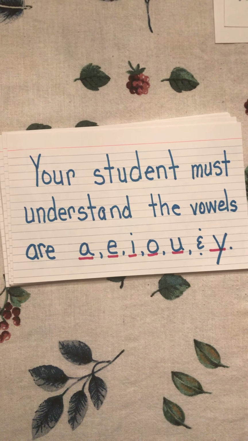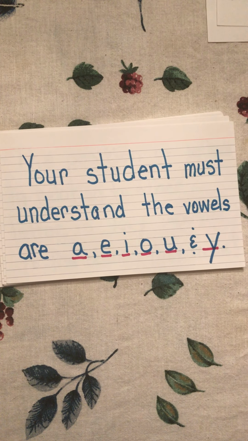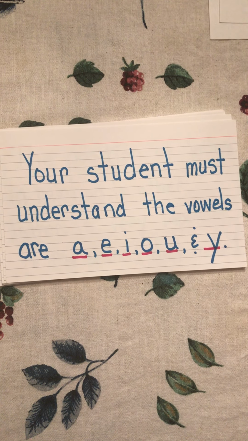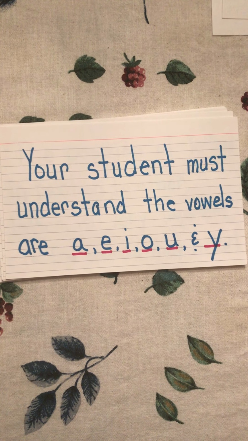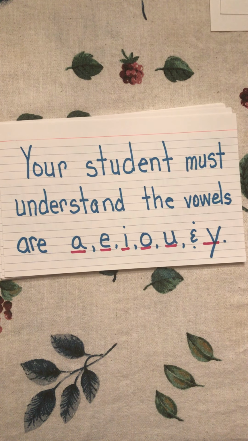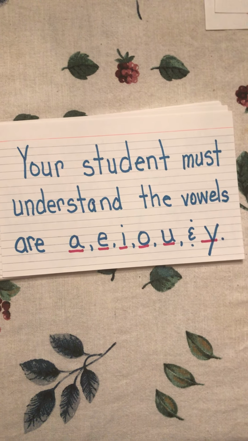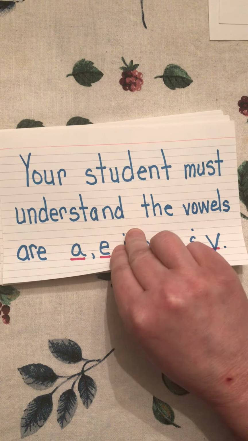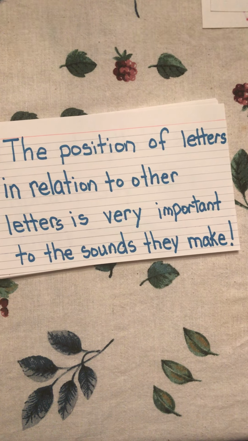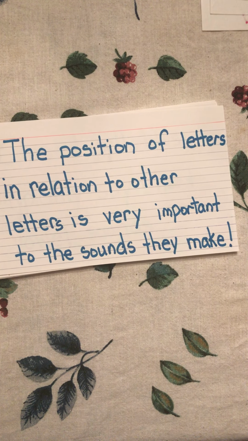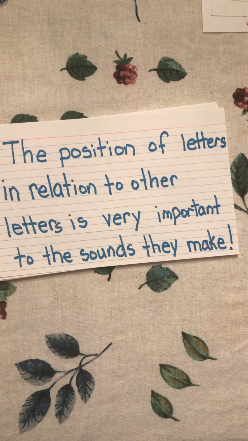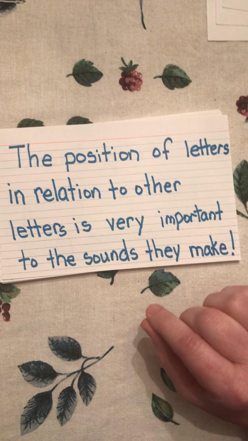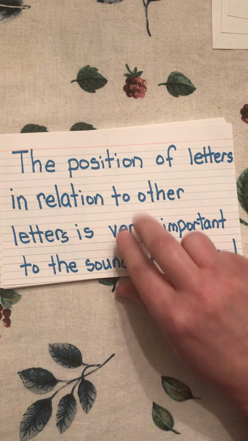It's very important that your student understands the vowels are A, E, I, O, U, and as they get older, by the end of kindergarten into 1st grade, they start to realize that Y is also a vowel, depending on where it is. The positions of letters in relation to other letters is very important to the sounds they make. You'll understand this more as we start talking about open and closed.